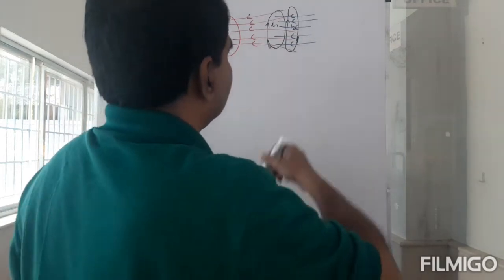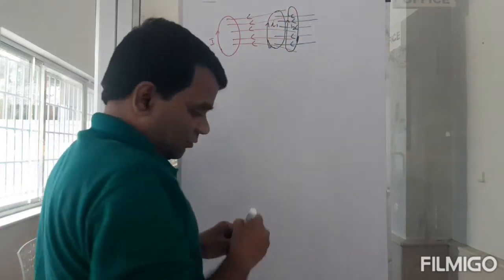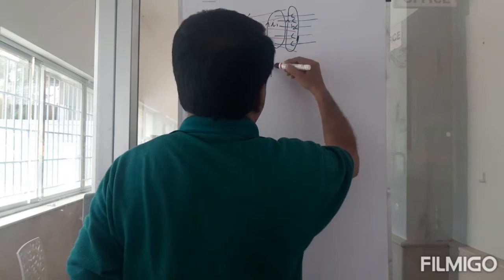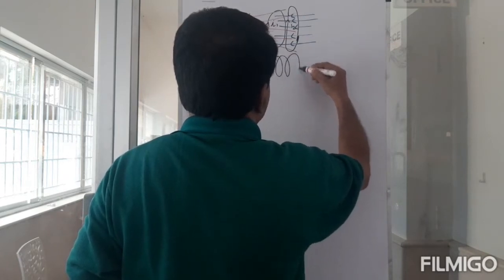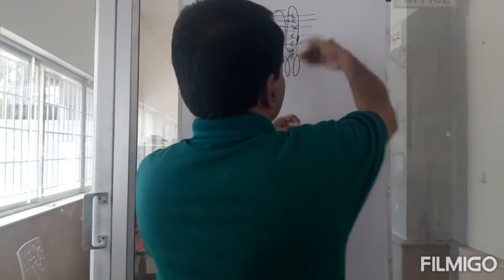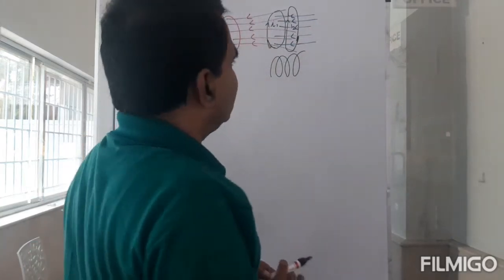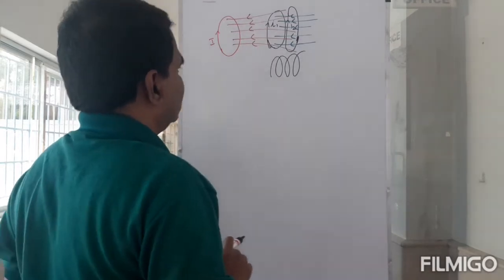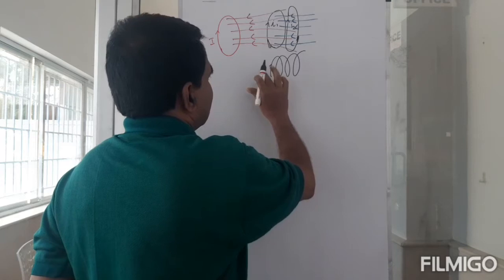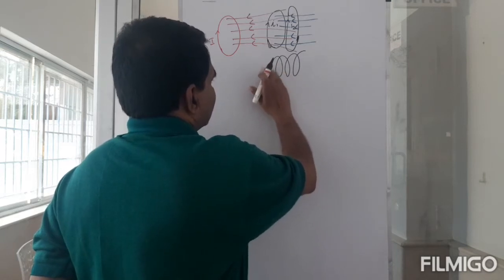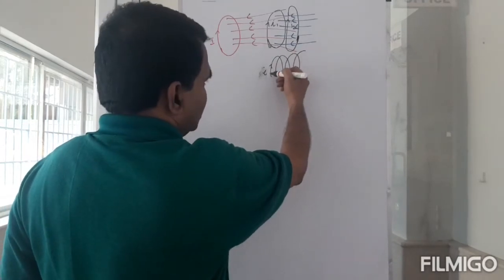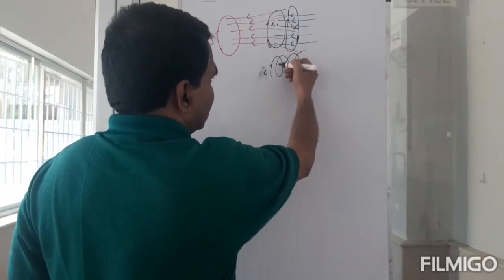So what if I combine these two loops now? Now I'm going to have a coil like this. I combine these two loops and likewise I have a few more loops. And what will happen now? There will be a current, let's say small I, flowing through this, and it will make one loop and another loop.